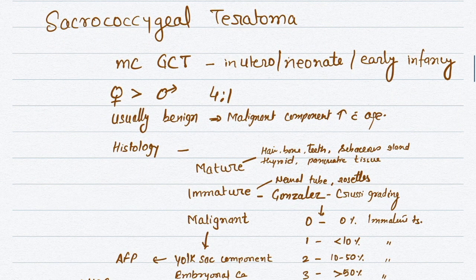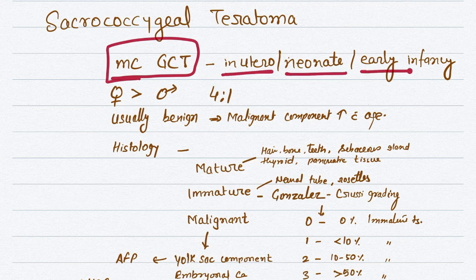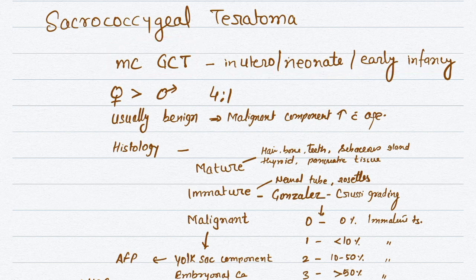For today, we discuss only the sacrococcygeal teratomas. These are the most common type of germ cell tumors seen in utero, in the neonate, in early infancy, or in young children. These teratomas are extremely rare in adult life.